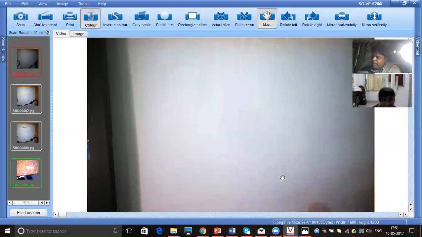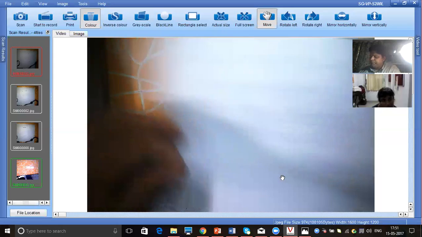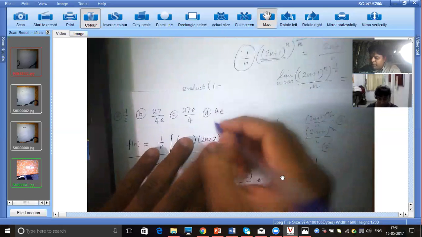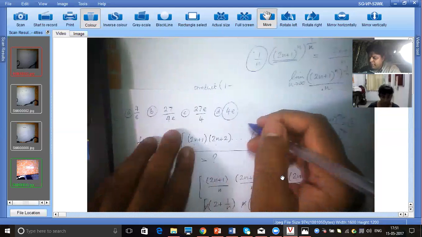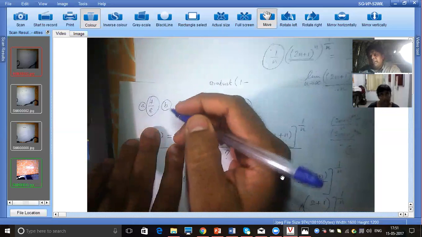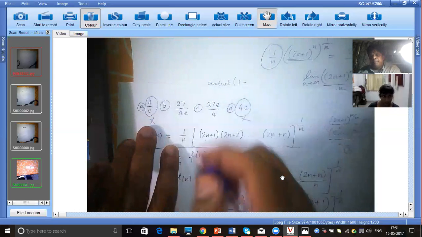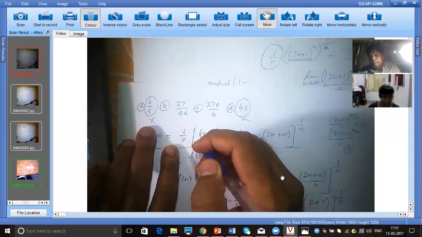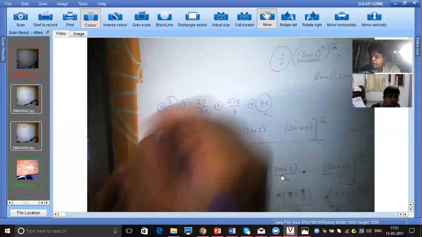So my 4 options, if I look at it, 4e cannot be between 2 and 3. No, it can't be. Gone. 4 by e, e is about 2.7. It cannot be. No, but 4 by e can be, right? It's 2.7.